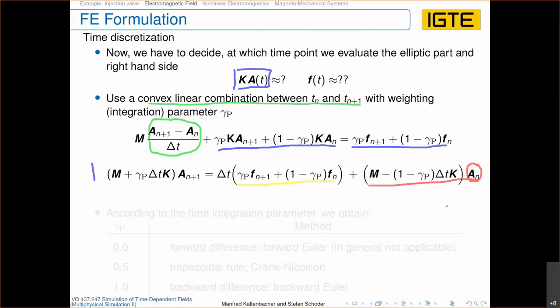And if it is the first time step, then this An would be the initial condition, which we will also have to provide for getting a correct solution in time.